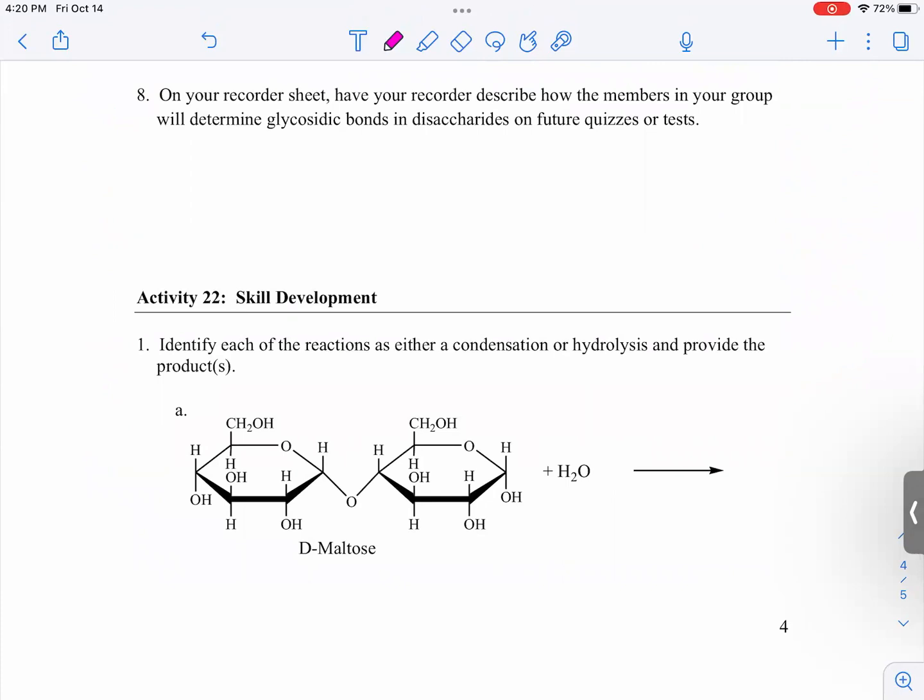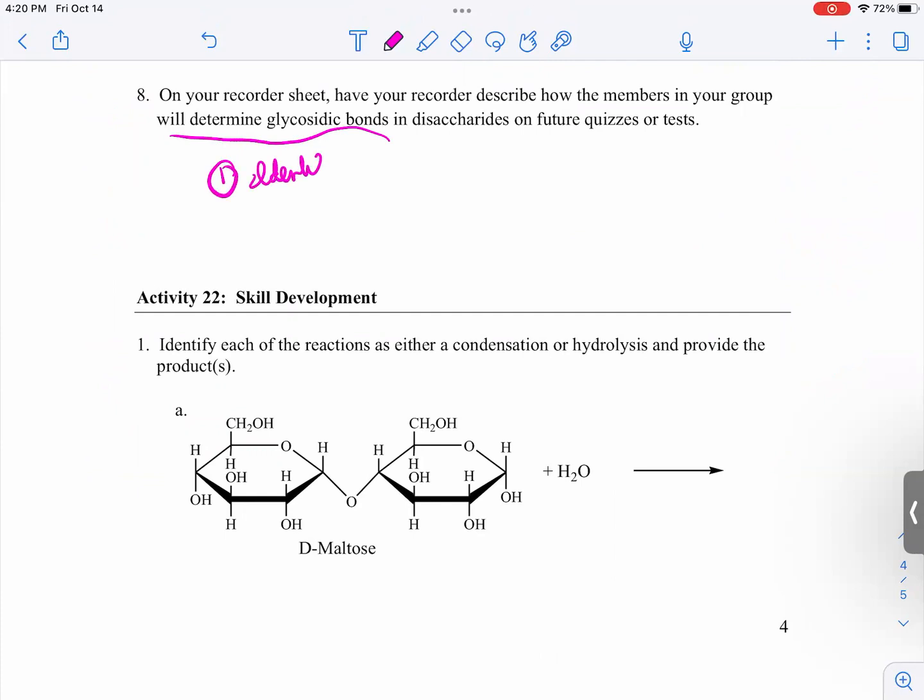So, all right. Somebody should describe how you determined the glycosidic bonds in your group. All right, in those disaccharides. So what did you do? What did we do?